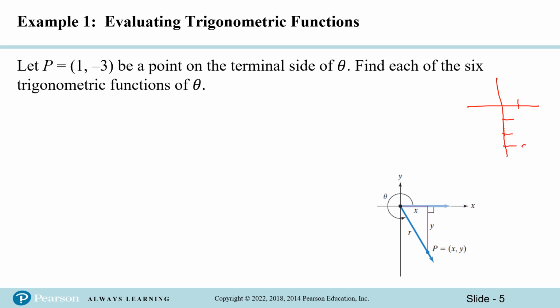So here I have this point (1, -3). I'm going to draw a line from the origin, and I'm going to draw a line straight to the quickest way to get to the x-axis, which is to go this way. And this gives me a right triangle right there.